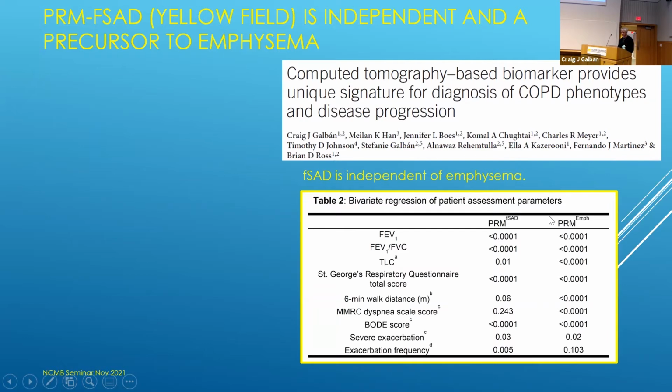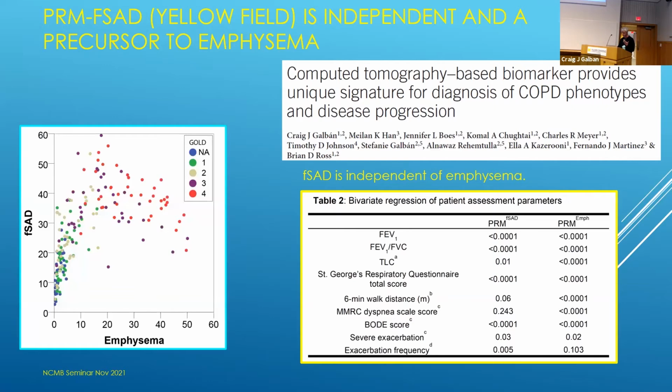In that bivariate model, with small airways disease and emphysema, it wasn't simply that small airways disease was mild emphysema or something like that. It contributed to the statistical significance of the correlation to the individual readout, so it was seen as an independent readout.